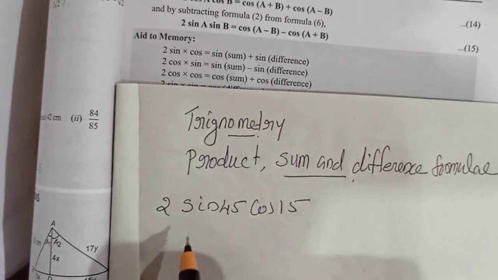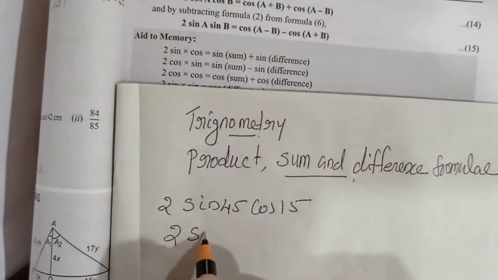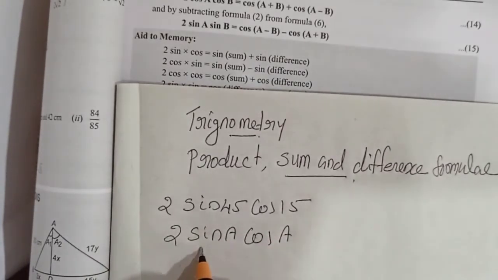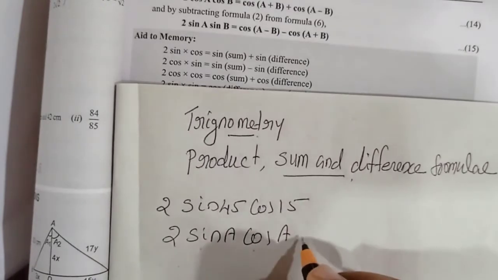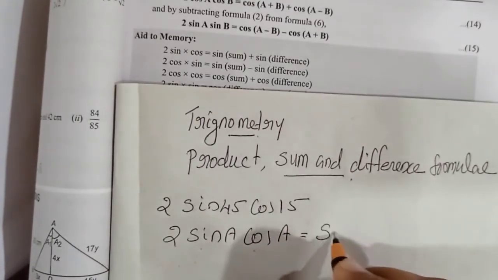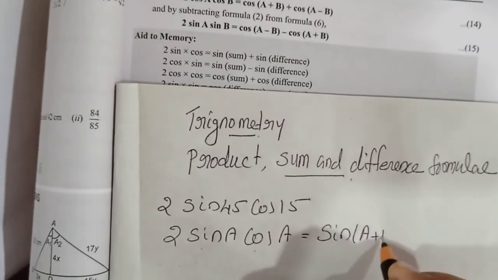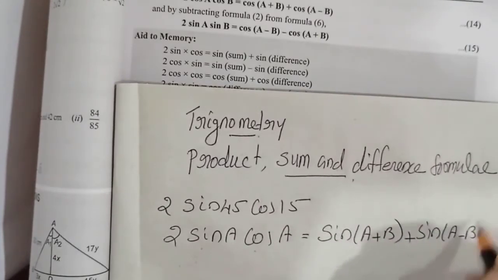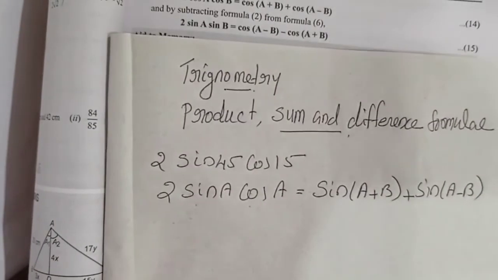Here, this is 2 sin A cos B. If sin first and cos second, what is the answer? Yes, sin sum plus sin difference. Got it? Sin sum plus sin difference.